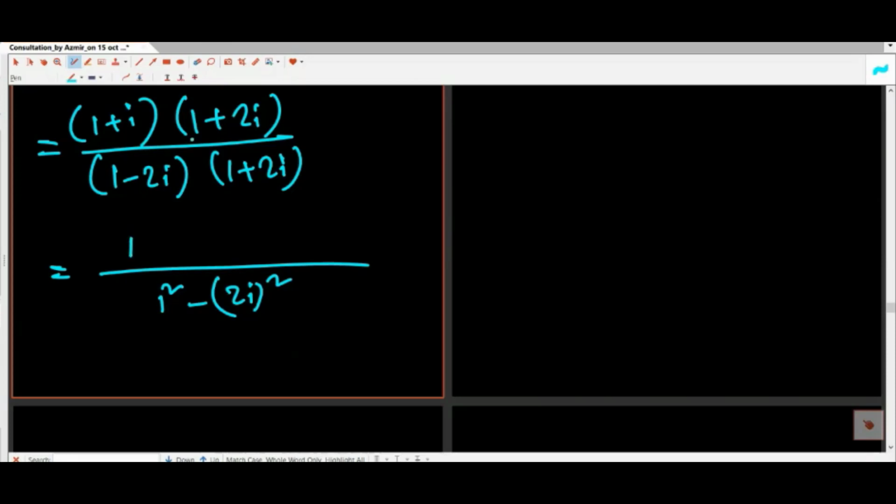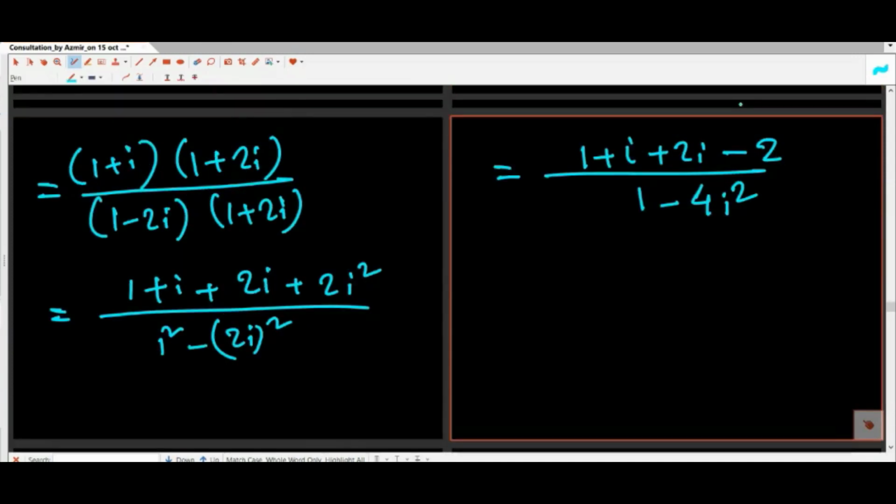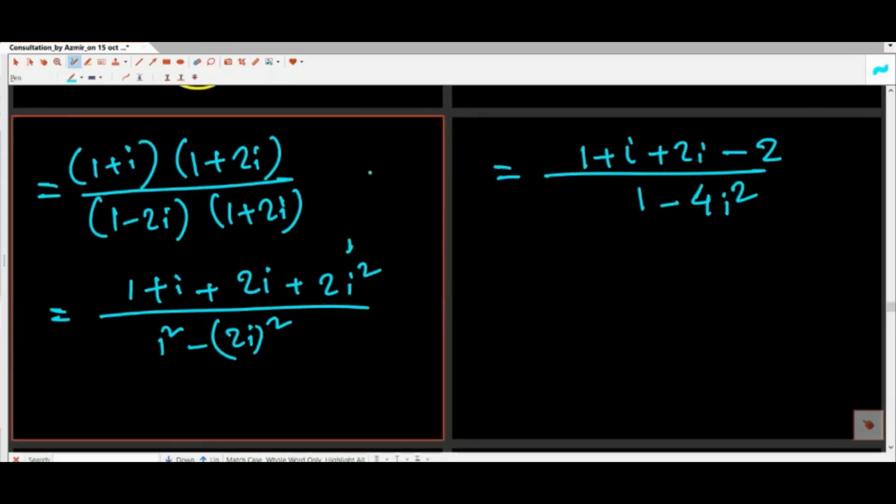And here what we are getting, that is we can multiply 1 plus i with 1 plus 2i, plus 2i squared. So we have 1 negative 4i squared in the denominator. In the upper part, we have 1 plus i plus 2i minus 2, because i squared is minus 1.